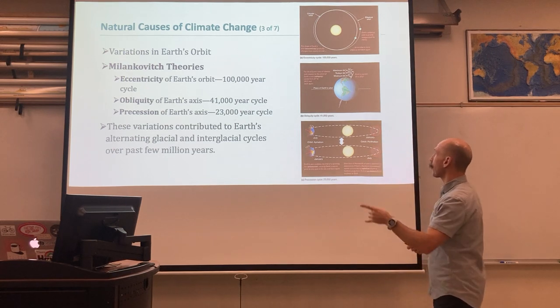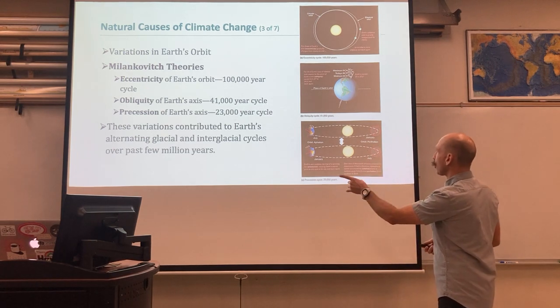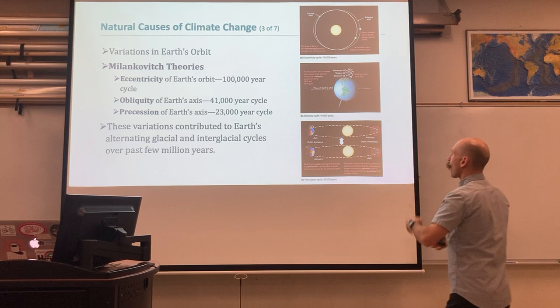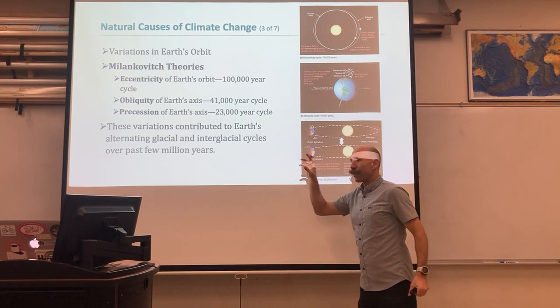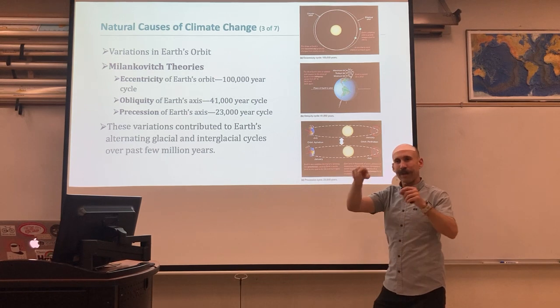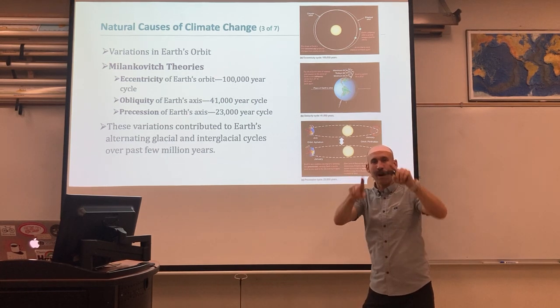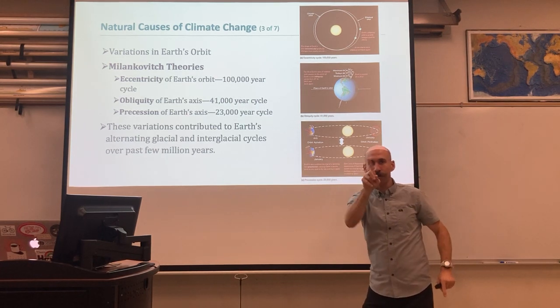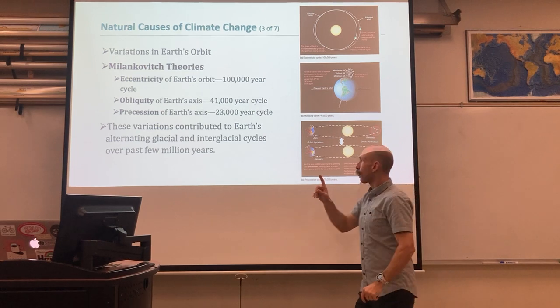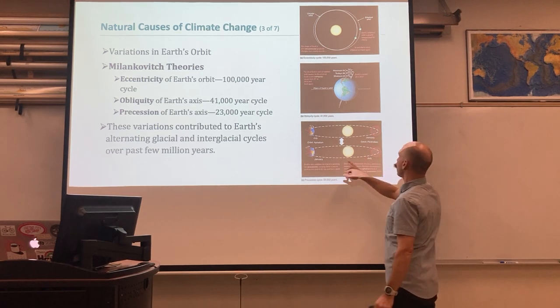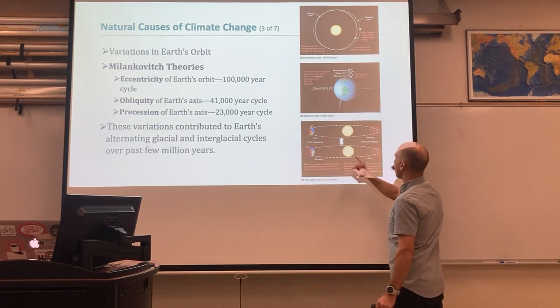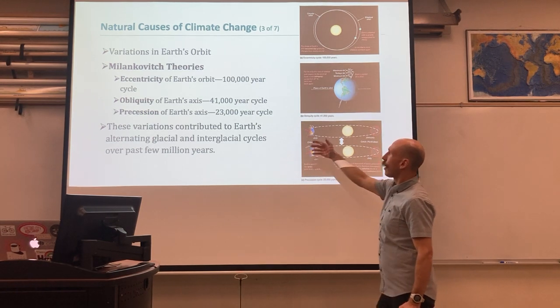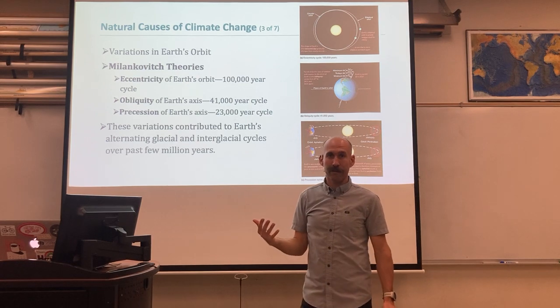Okay, stay with me. Precession. Earth is kind of like a top spinning. And when a top slows down, it starts to wobble, and the angle starts to wobble. And so the angle relative to the sun actually shifts back and forth every 23,000 years.